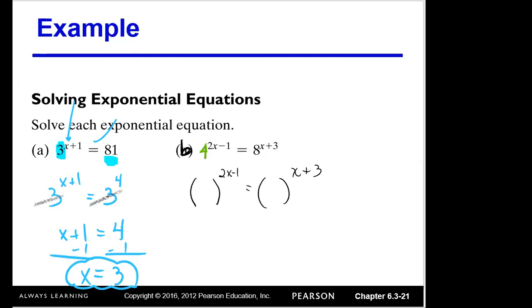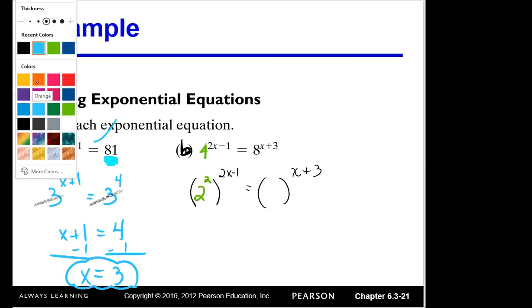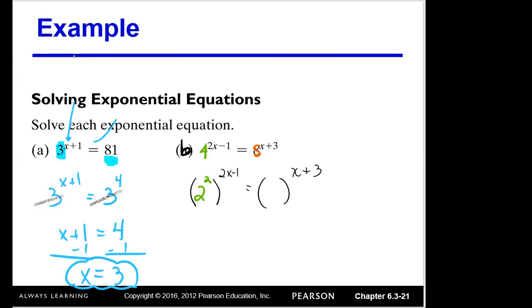I'm going to change this 4 here to a 2 squared. And I'm going to change this 8 to a 2 cubed. And then I have power to a power on both of those, so I'm going to have to multiply. This is going to become 2 raised to the, if you take 2 times the 2x minus 1, you have to distribute here.